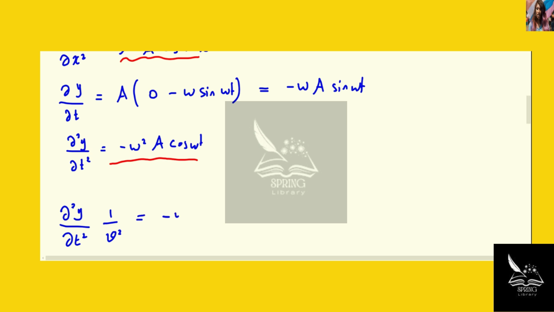That is equal to minus omega squared a cosine omega t multiplied by k squared over omega squared. If we cancel these two together, we'll end up with negative k squared a cosine omega t.